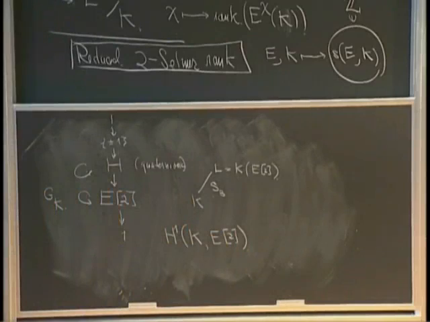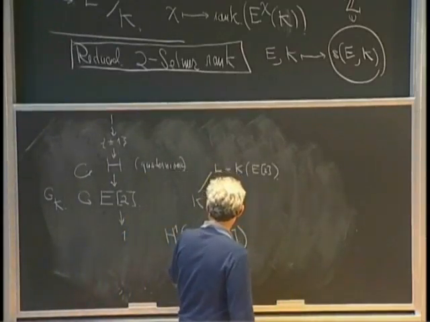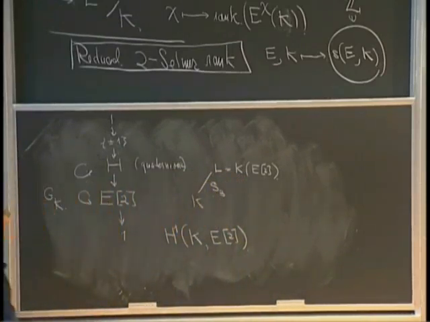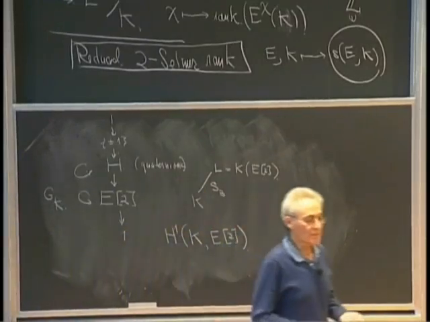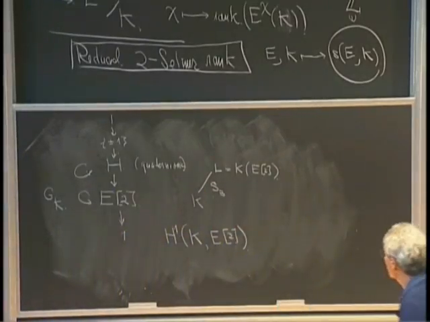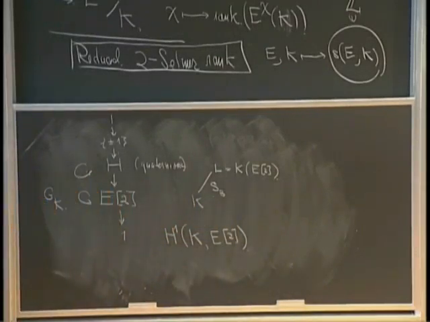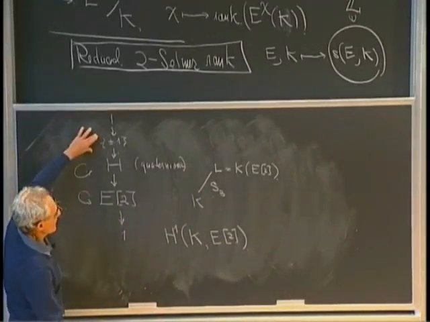Now, this is, of course, an infinite group. It's always infinite. It's the infinite group within which the two-Selmer group lives by giving local conditions by reduction to the places Kv for v running through all the places of K. But H1 of this goes to H2 of this.